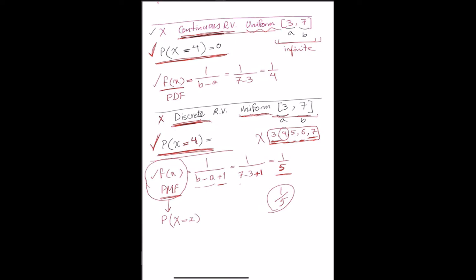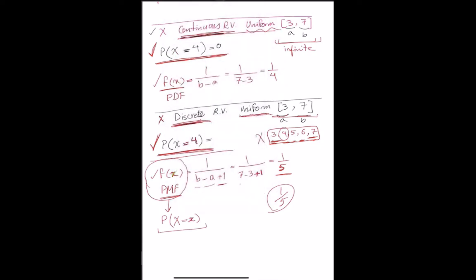So when I say f of x, that's the probability that the random variable equals x. So when I write f of x, that's the probability that the random variable equals this green x. And here I set this probability equal to 1/5, no matter what the x is.